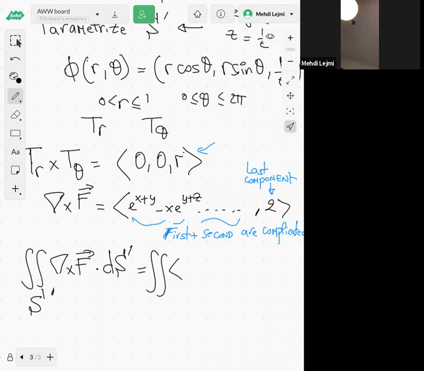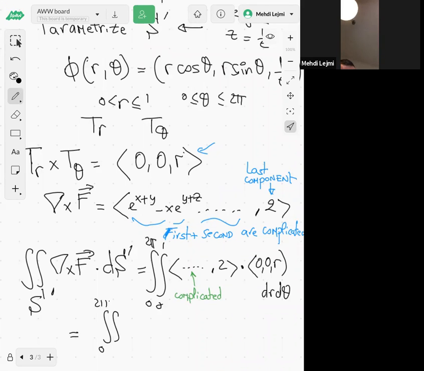the curl of f, as I said, is going to be very complicated, but the last component will be just 2. Then the scalar product with my normal vector, which is 0, 0, r, gives r dr d theta. r is between 0 and 1, theta is between 0 and 2 pi.